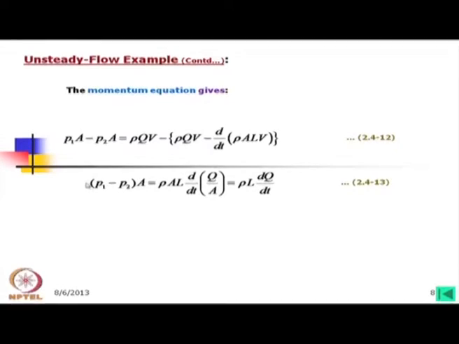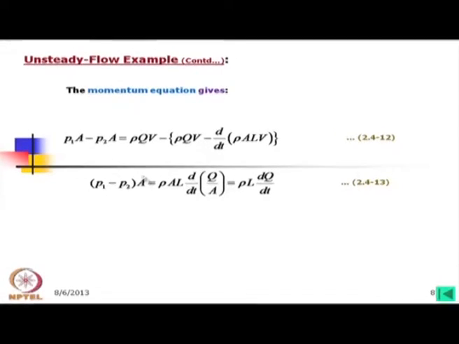Now, this gives clearly P 1 minus P 2 into A, that is the force, is equal to rho A L d by dt q by A. If you equate this, we will arrive here, and this gives clearly rho L dq by dt as A is constant. This A will cancel out.